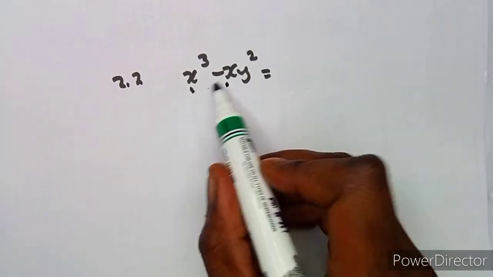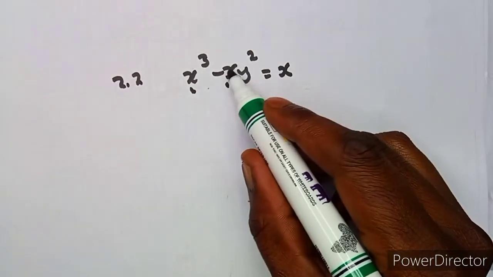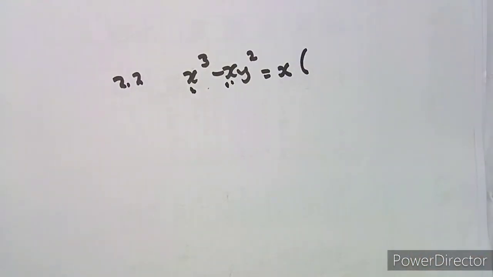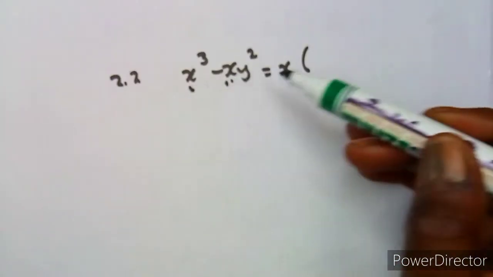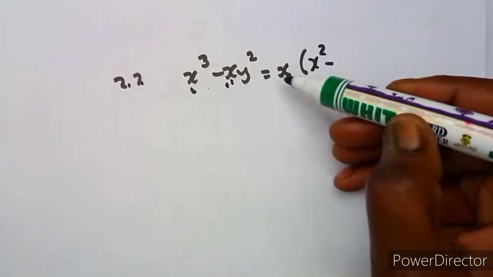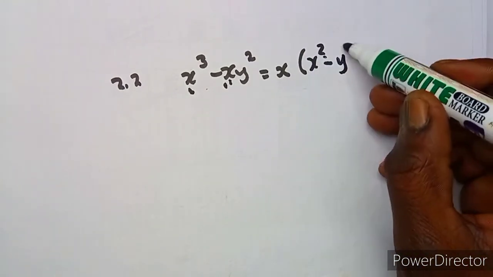x is common here, so you can factor out x, which is the highest common factor, the one with the smallest exponent. Remember, guys, from our factorization. So if factorization is still a challenge, make sure that you watch the video on factorization. Okay, so you divide x cubed by x, which is going to give us x squared, minus x divided by x will cancel, which means you're going to be left with y squared there.